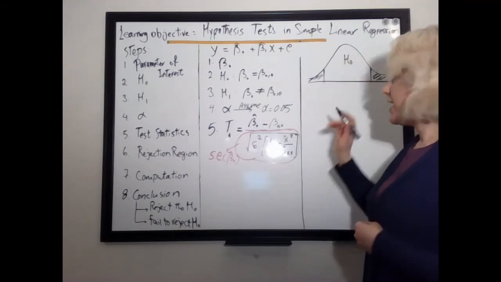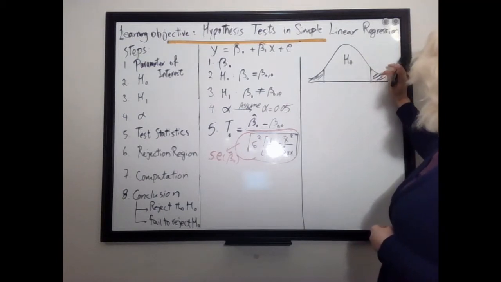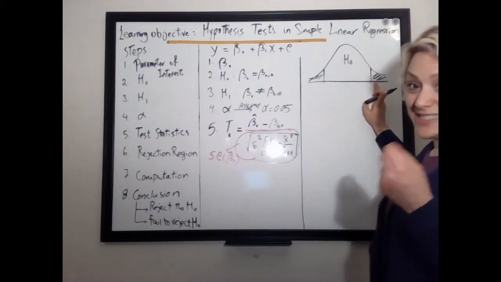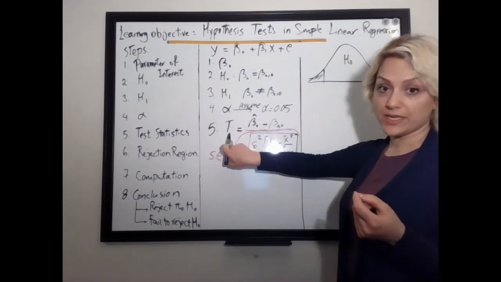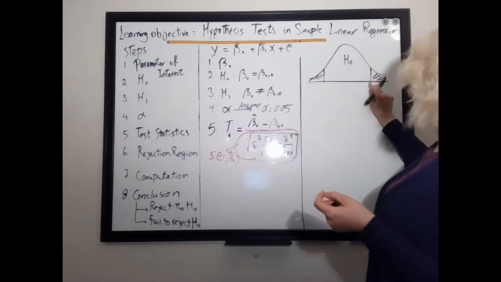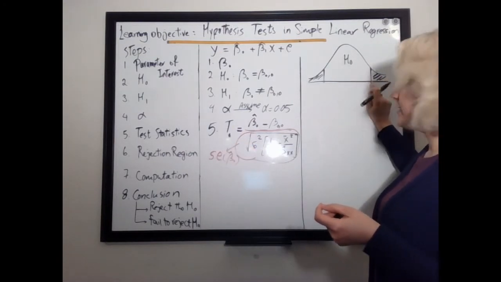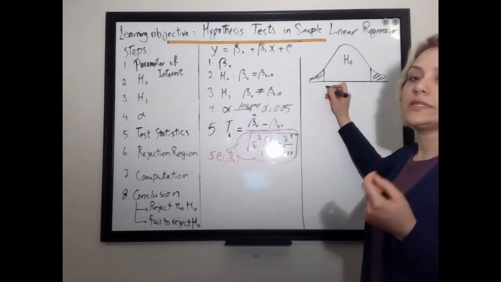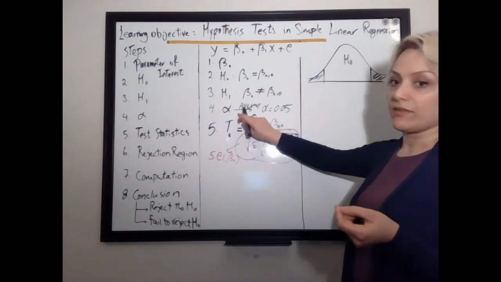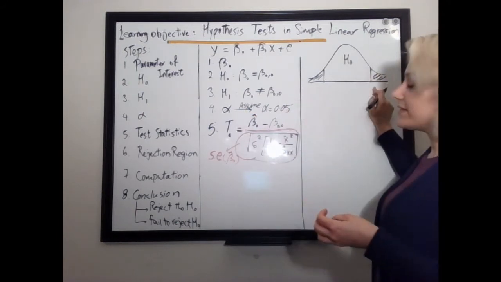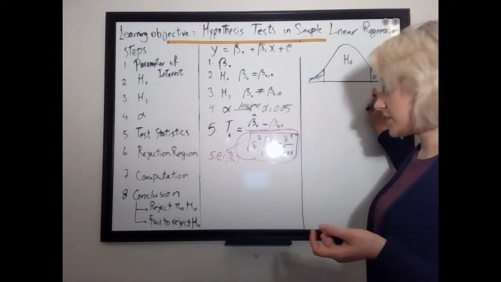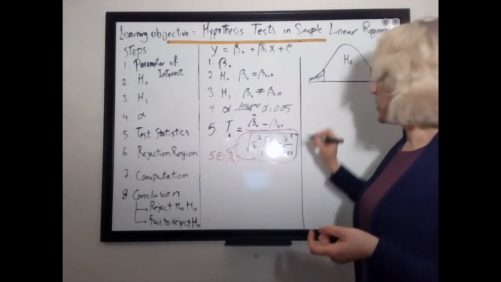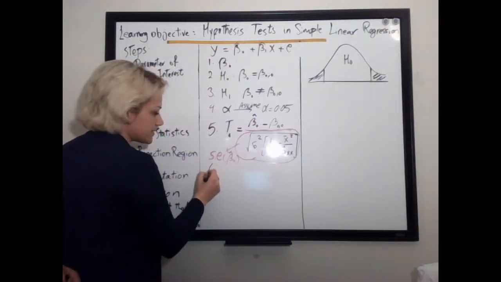If my t null value, which comes from the sample, is greater than this number, the t from the table, these t values we read from the table based on the alpha and the degrees of freedom, then we are in the rejection region. So here I would say step 6.